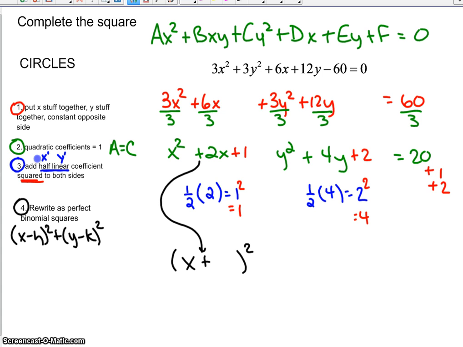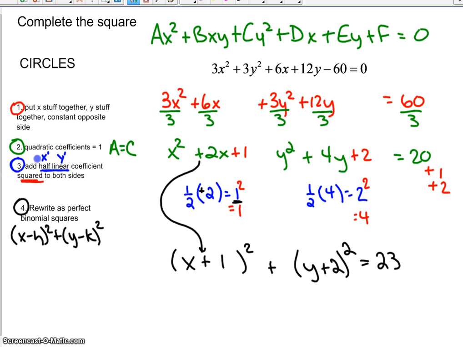That linear sign is going to come with what we took, when we took half that linear expression. That's going to be the piece that goes with your variable. So sometimes people talk about bringing the sign with, sometimes people won't. You can look at it either way. If I took half of a positive 2, it's a positive 1. If I take half of positive 4, it's a positive 2.